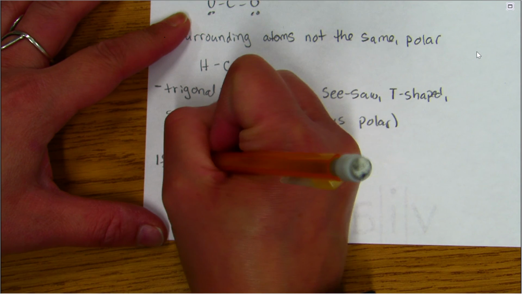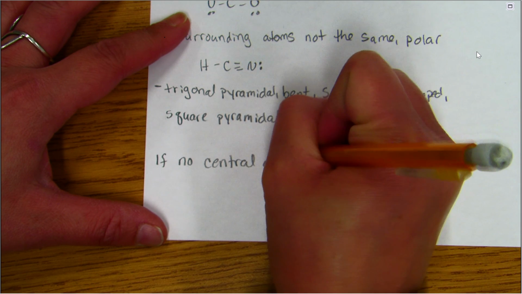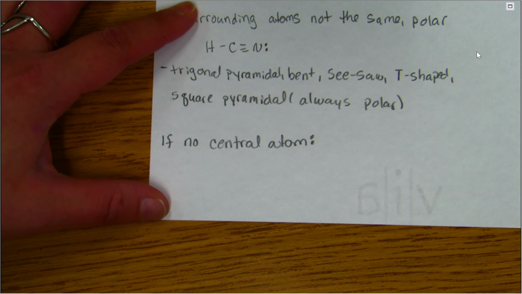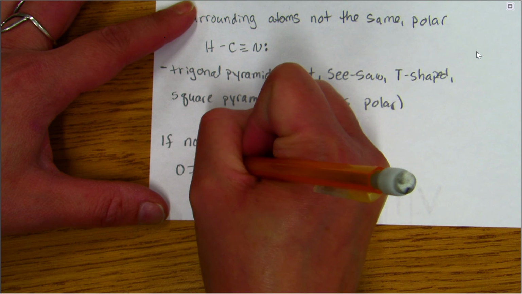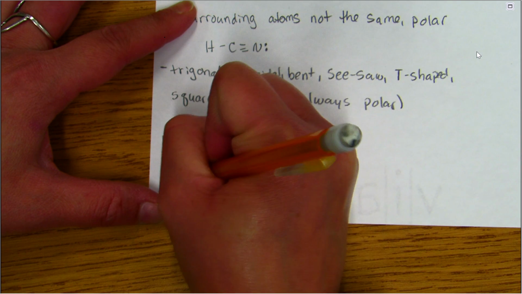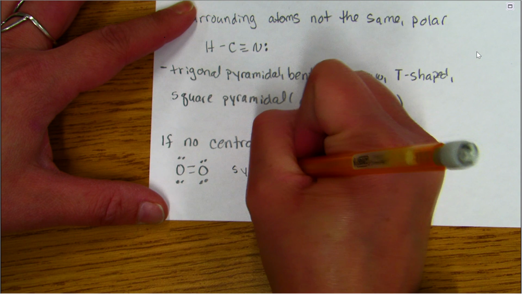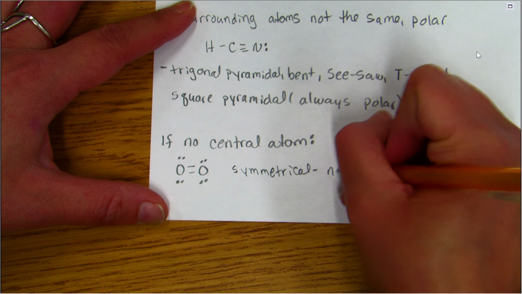If there is no central atom, then we look at symmetry. If it is symmetrical, like oxygen, then it is nonpolar.